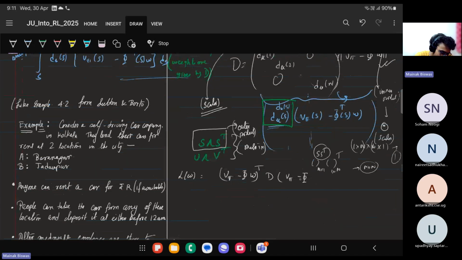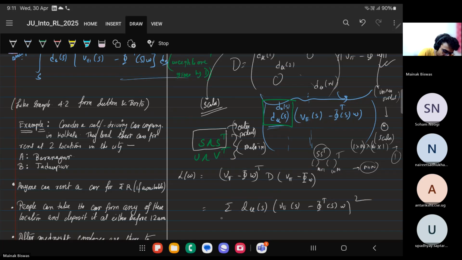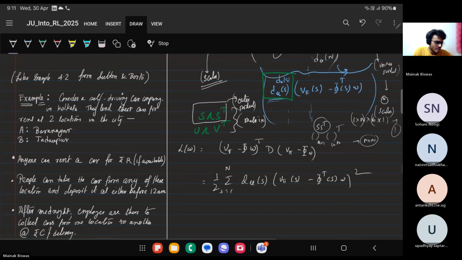So fine, let us write this down. Let us write down the loss again. This we wrote in matrix form. Now let us write down this loss: V pi of S minus phi transpose S W, squared, summed over S equal to 1 to n, with a half again. Again, dL/dW_j. What will this be?